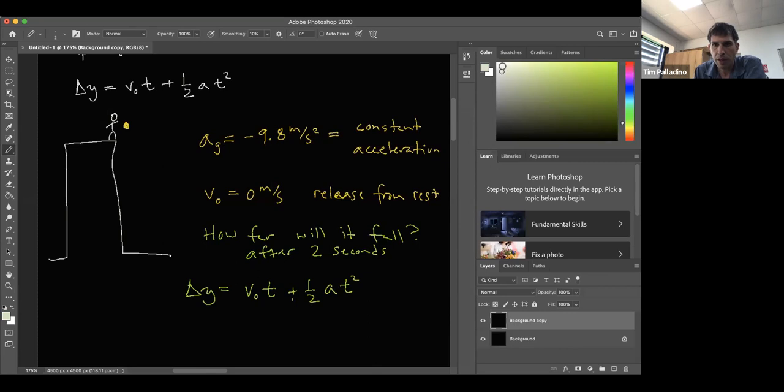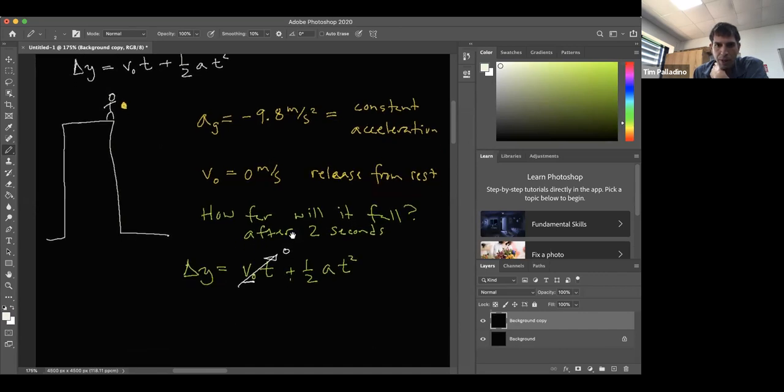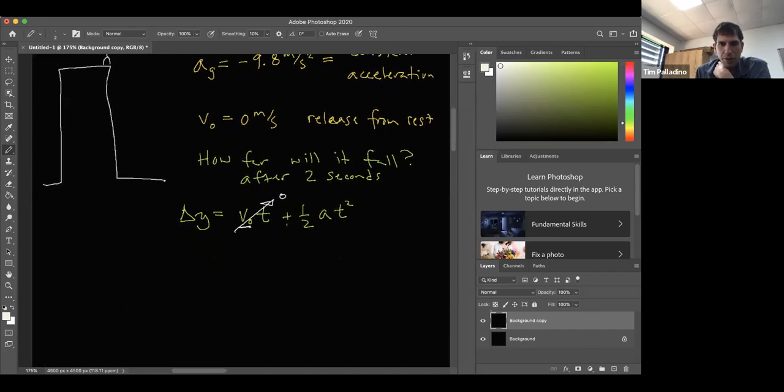One of the things you're going to see is some shorthand notation here. I know that the initial velocity is 0, because I'm dropping it, releasing it from rest. So this whole term should be just 0. I usually put a little cross through that term and point to a little 0. That just means this term is 0.